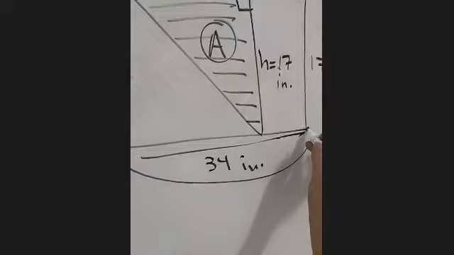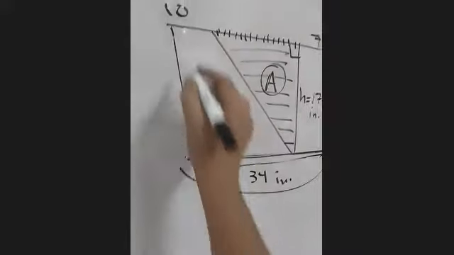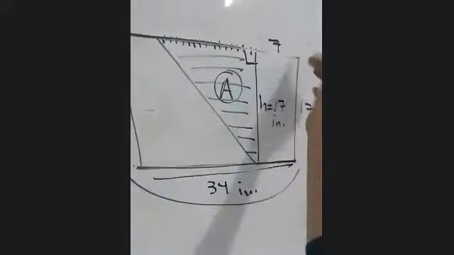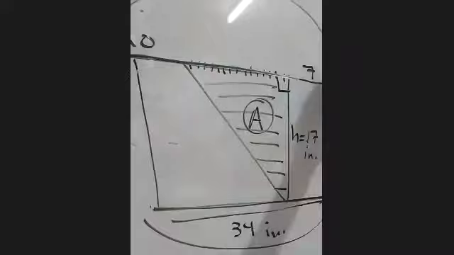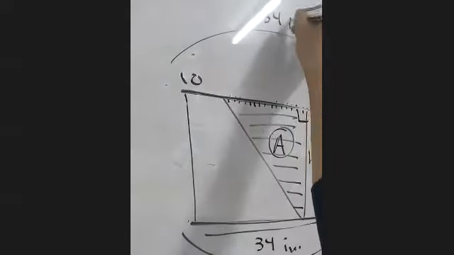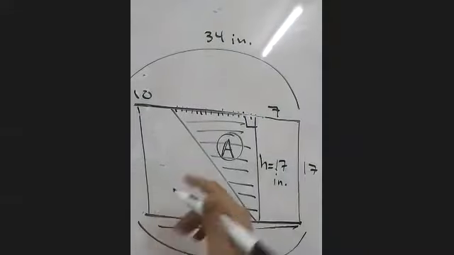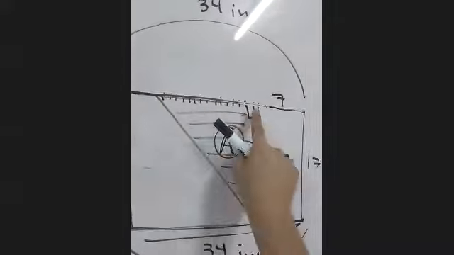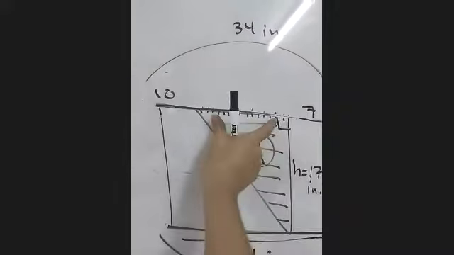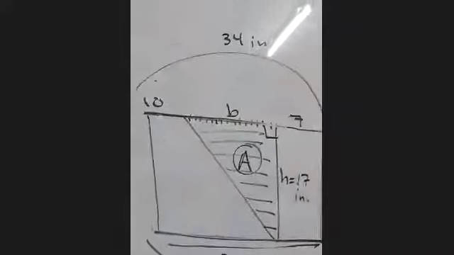Is this part from here to here the same as this part from here to here, or no? Yes, they are equal. Same. Means the whole part here also is how much? 34. If the whole part is 34 inches, I don't want the 7, I don't want the 10, I want this part only. What will I do to find the base now? Do you know?